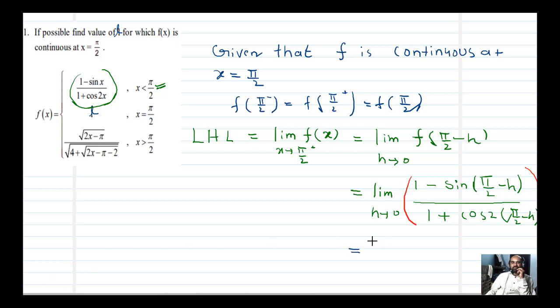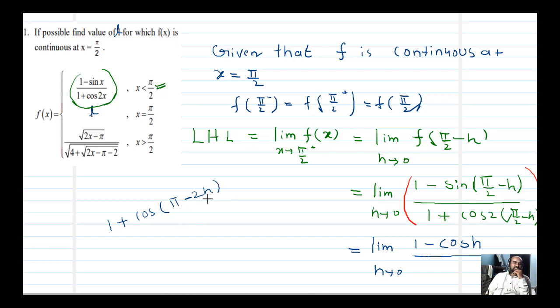Students listen. The limit of: 1 minus sin of (90 degrees minus theta) is cos theta only, so cos h I can write, divided by 1 plus cos of (pi minus 2h).